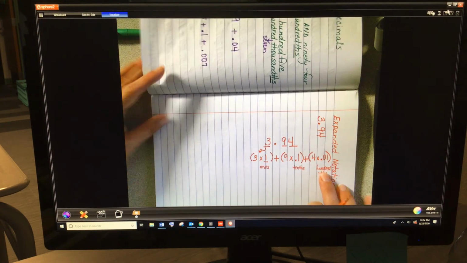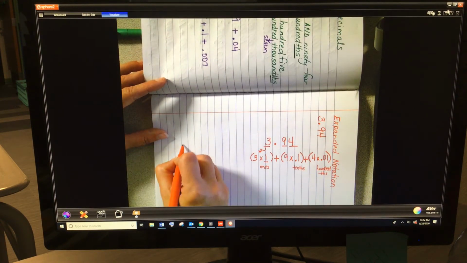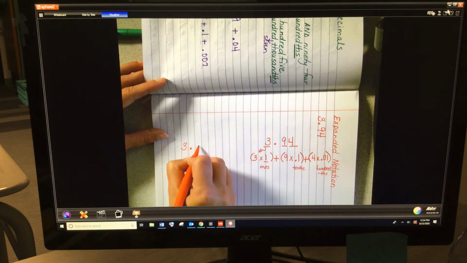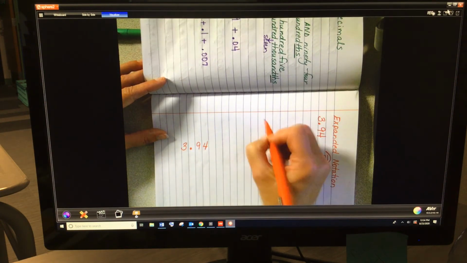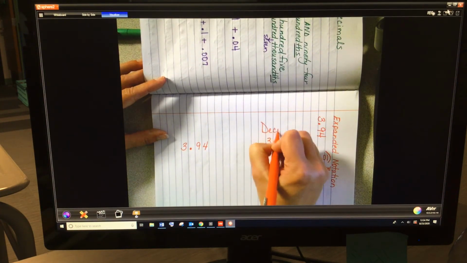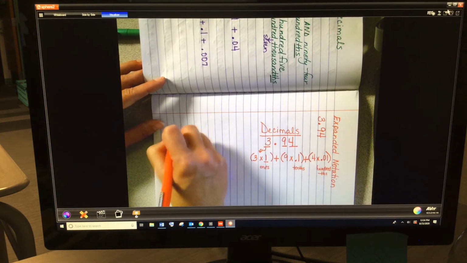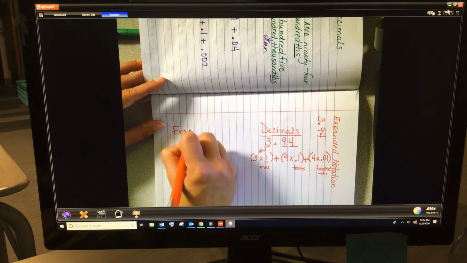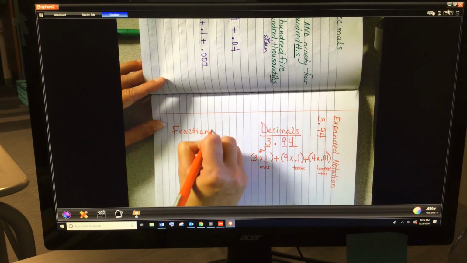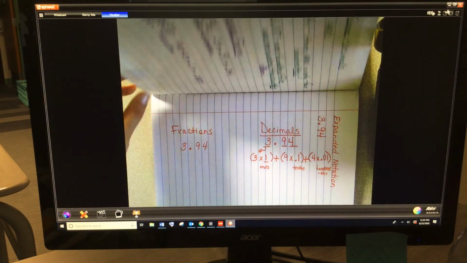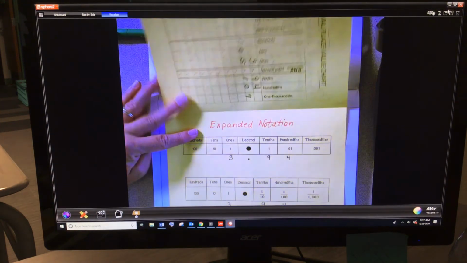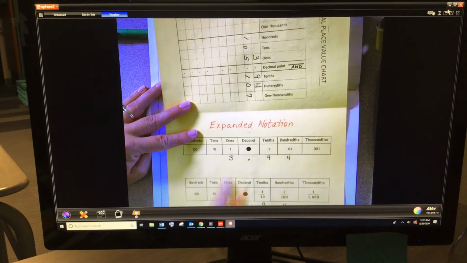Okay, now let's look at expanded notation with fractions. This is how we're going to use fractions. All right, so let's go back to that yellow paper. We still have 3 wholes.